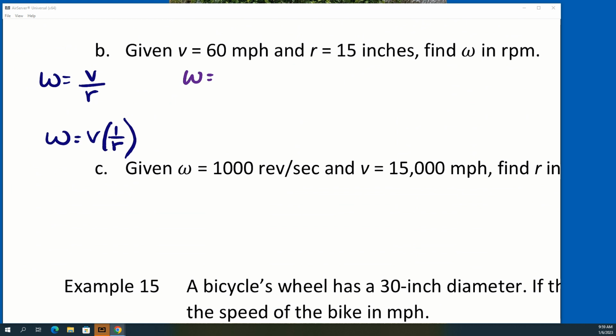All right, so we're going to take v, which is 60 miles per hour. We're going to write it as miles per hour this way. And then we're going to multiply that by the reciprocal of the radius.